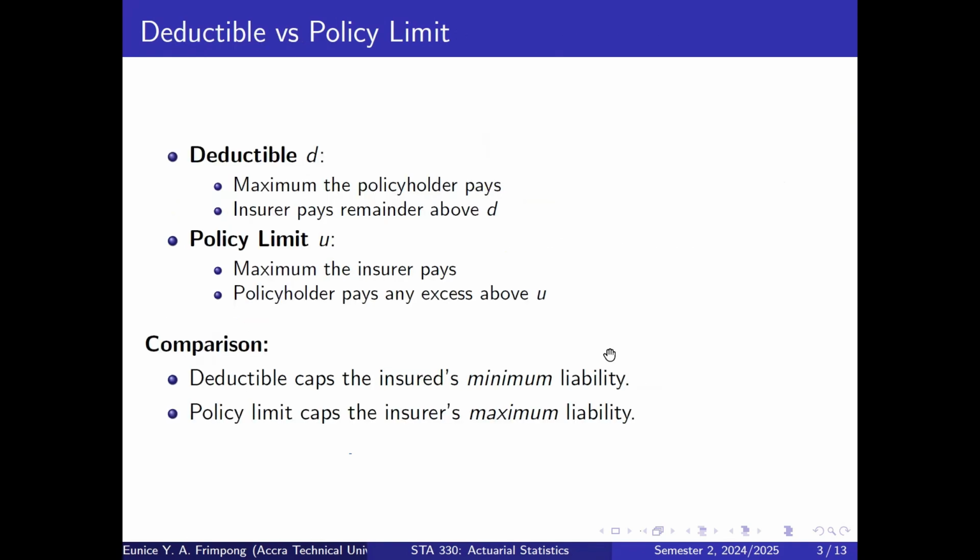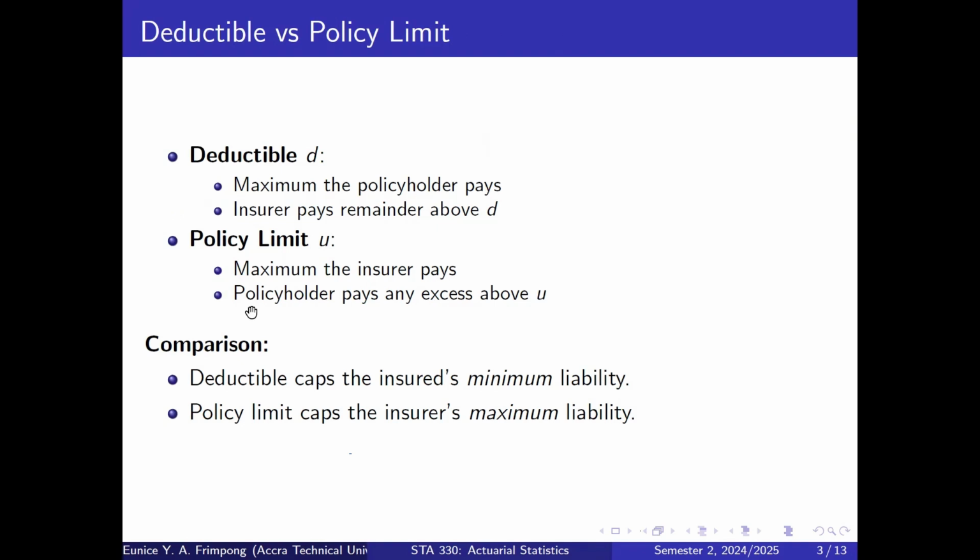Now let's compare policy limits with deductibles, which we discussed in a previous lecture. A deductible sets the minimum amount the insured must pay. The insurer only steps in for amounts that are above the deductible. But a policy limit, on the other hand, sets the maximum the insurer will pay.